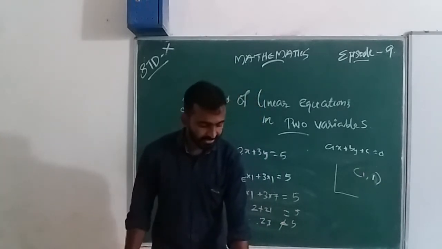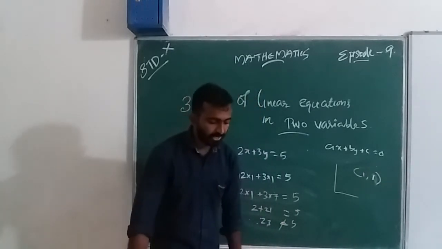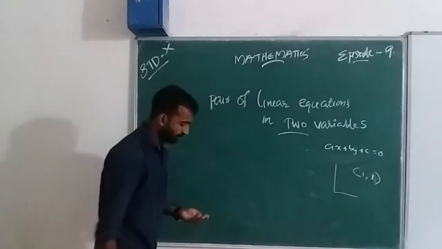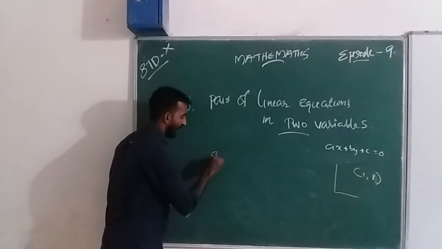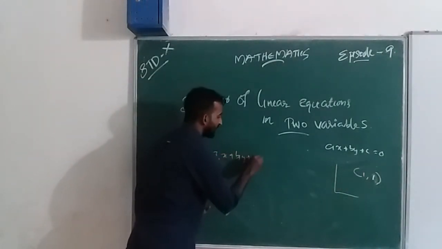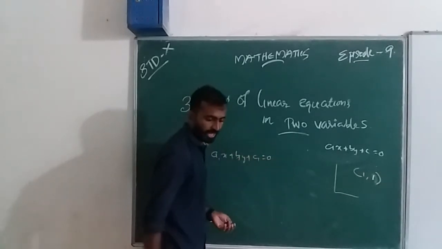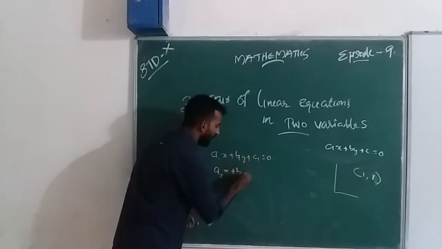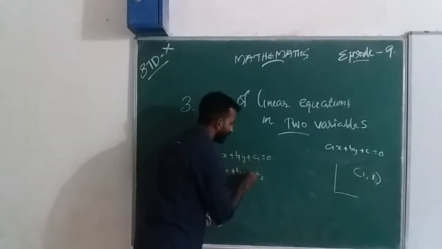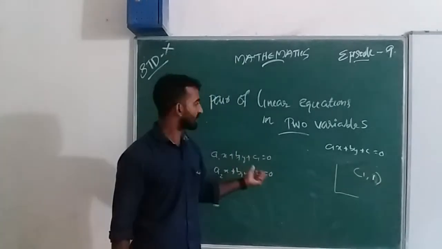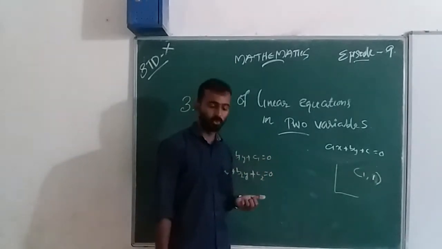Linear equations are in the same two variables x and y, that is, they write the example as a1 x plus b1 y plus c1 equal to 0 and a2 x plus b2 y plus c2 equal to 0. These are examples of linear equations in two variables.